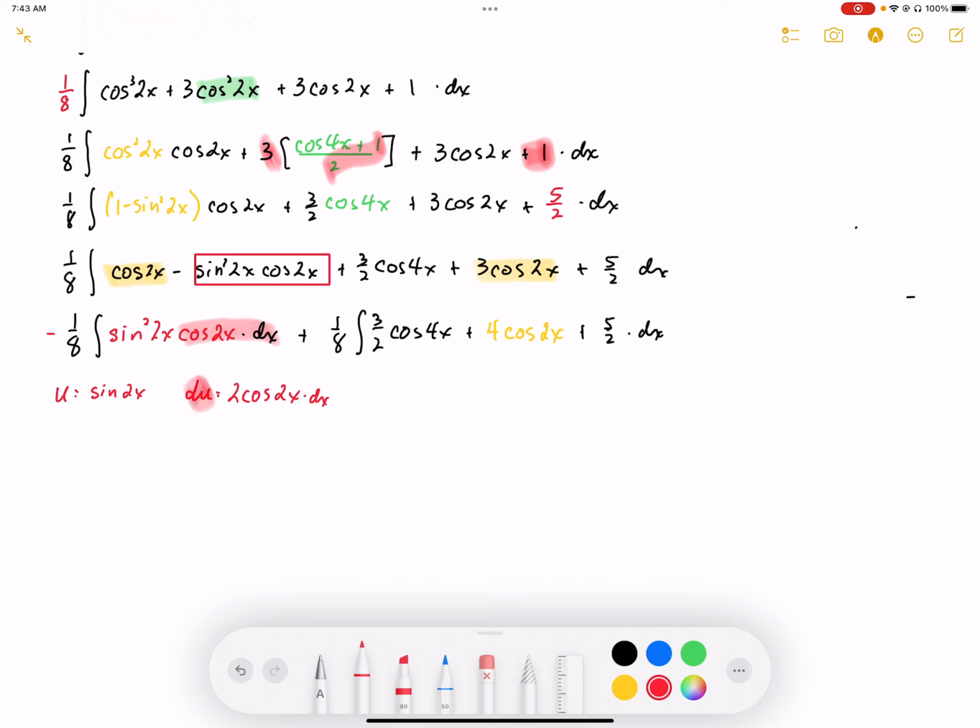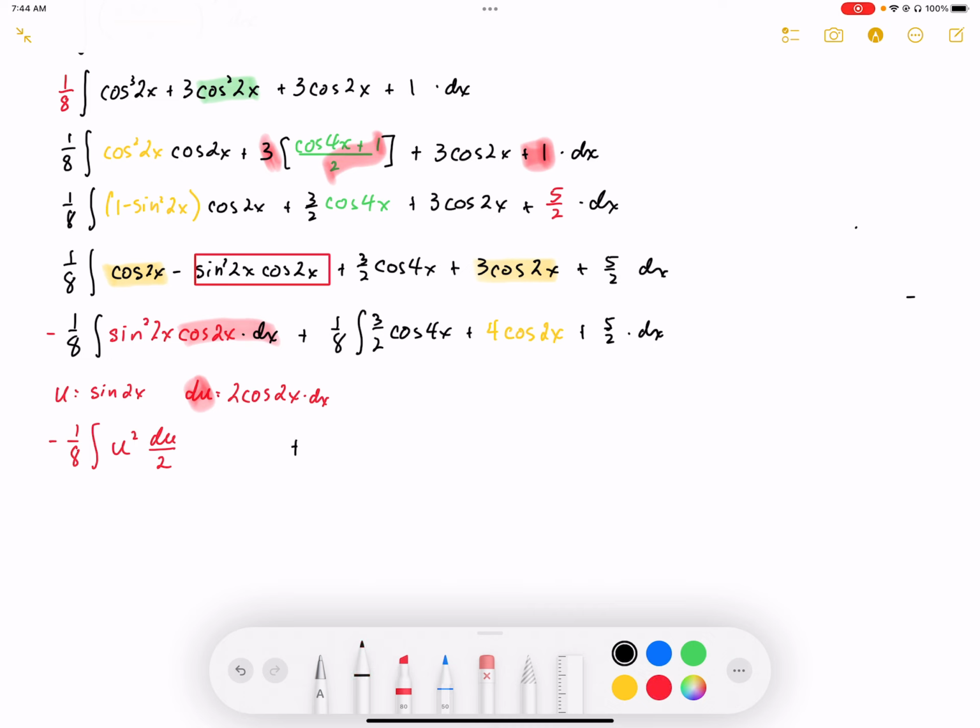And so my integral will be negative 1 over 8 u squared, replacing the sine 2x, and I'm going to replace the cos 2x dx with the du divided by 2. So that 2 has to come out on the outside. And that can be integrated.